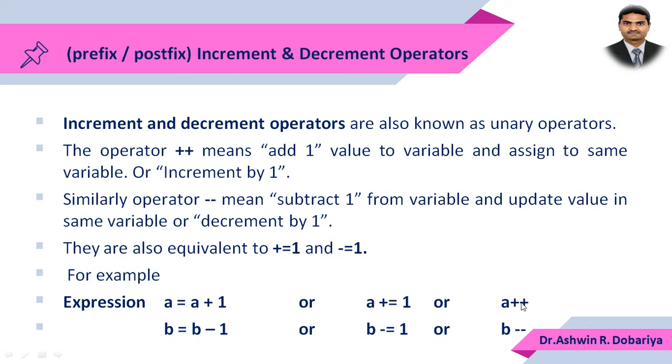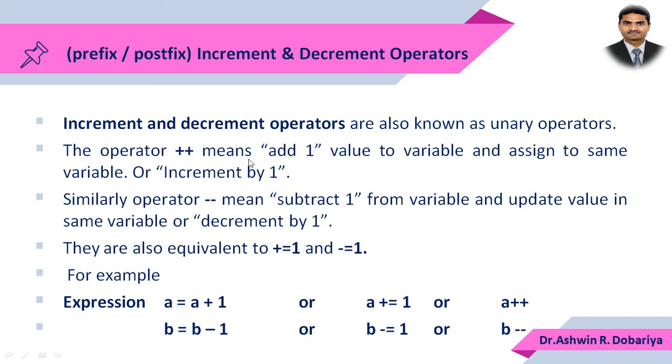So plus plus means increment, minus minus means decrement. If the operator is mentioned after the variable, it means post increment. If it is mentioned before the variable, it means pre increment. And why is it unary? Because to perform the increment or decrement, it requires only one variable, one operand. That's why plus plus and minus minus are known as unary operators.